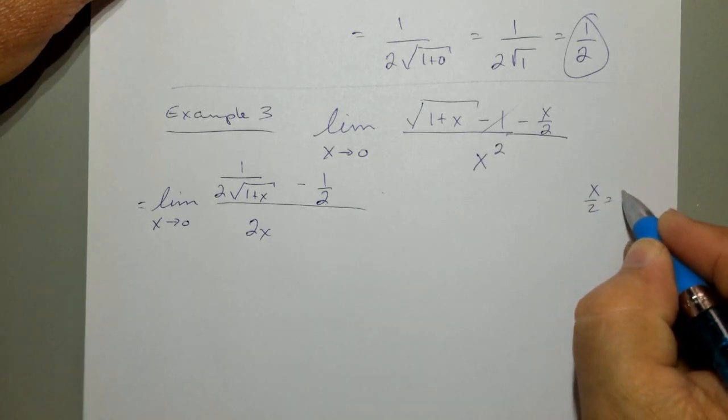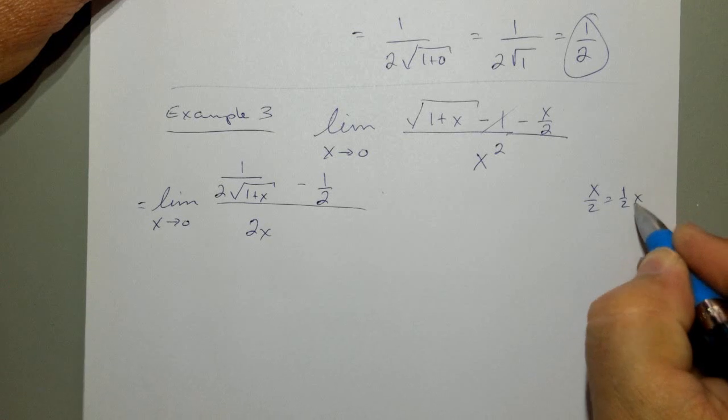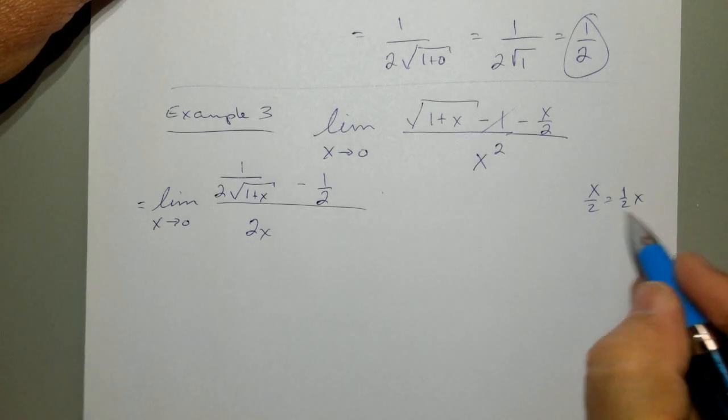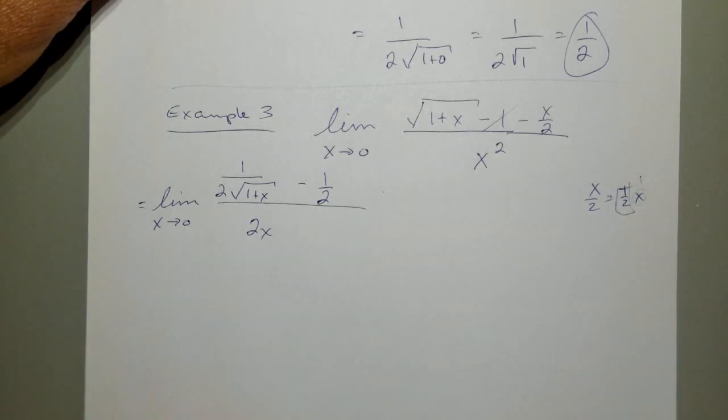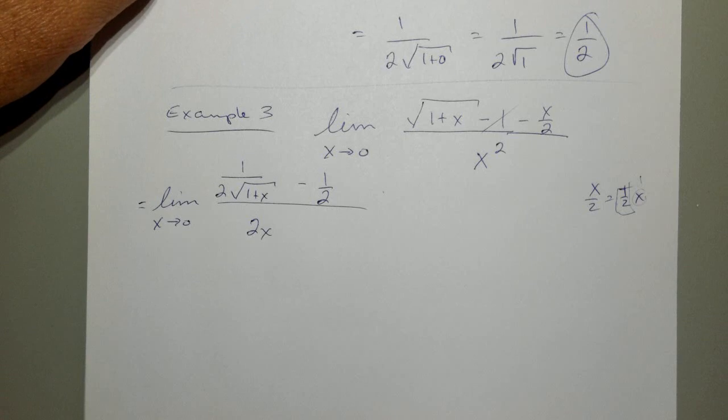X over 2 is the same thing as 1/2 times x. The derivative of this function, derivative of x is 1, so it's just 1/2, the coefficient. Okay, now what do we do?